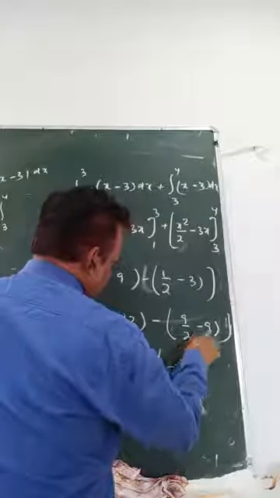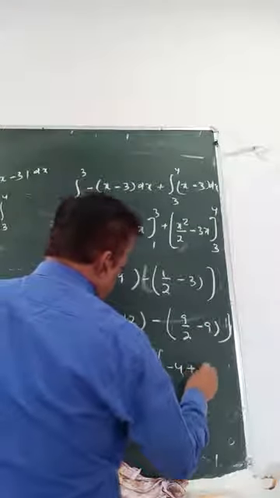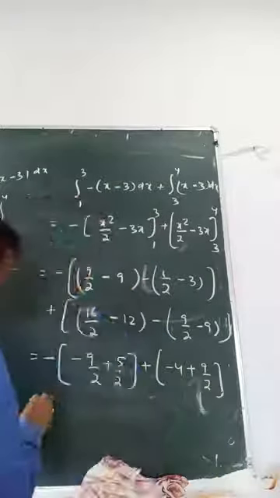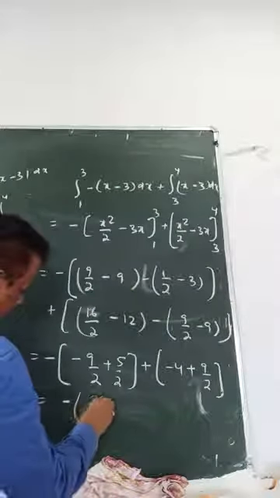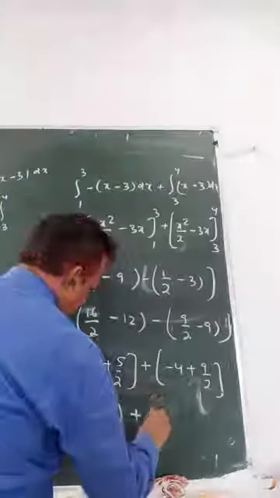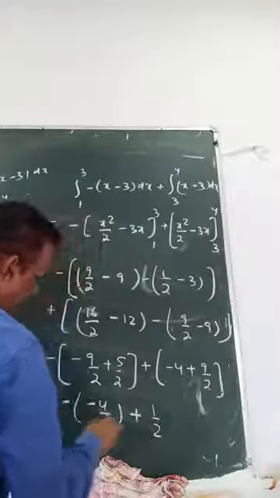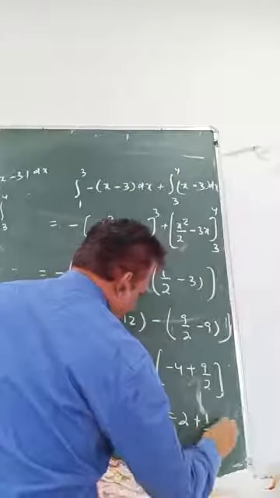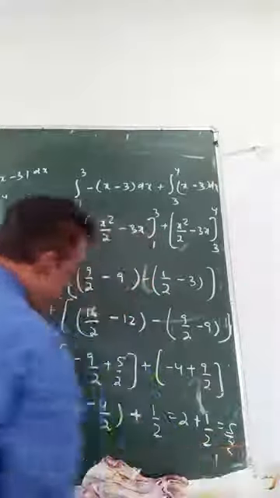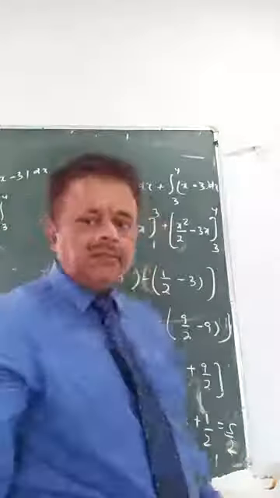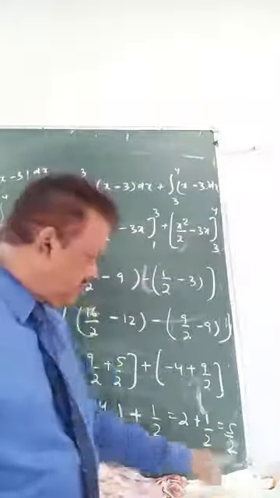This is minus 18 by 2, which is plus 9 by 2. Okay, this is minus of minus 4 by 2. This is 1 by 2. So plus 2 plus 1 by 2, 5 by 2. So it came positive, 5 by 2. You should check: the answer should come positive, not negative, because it is a modulus question. So I got it.